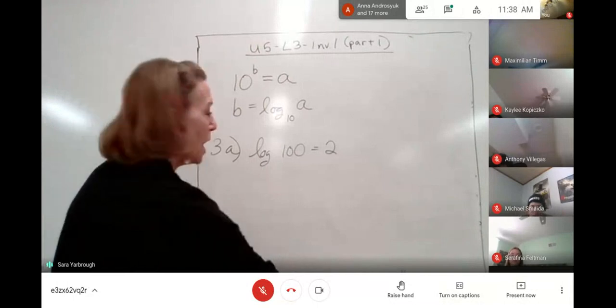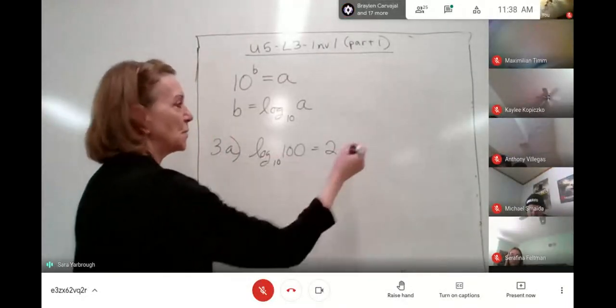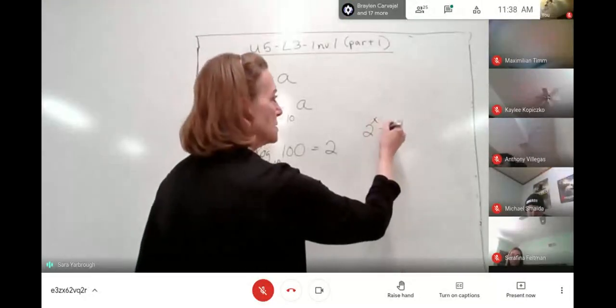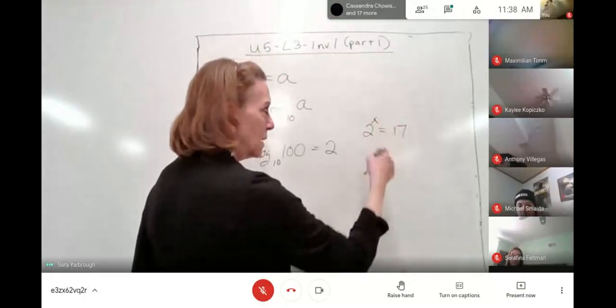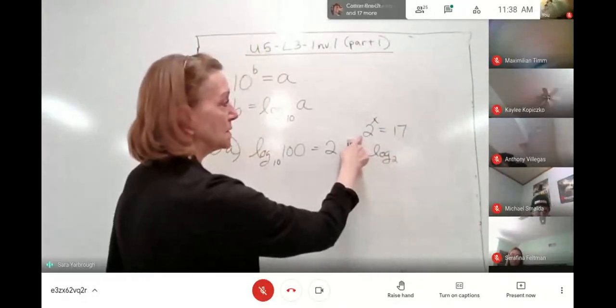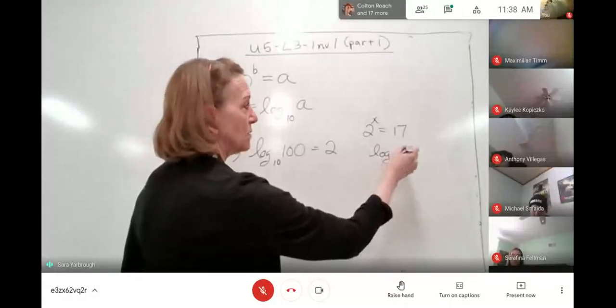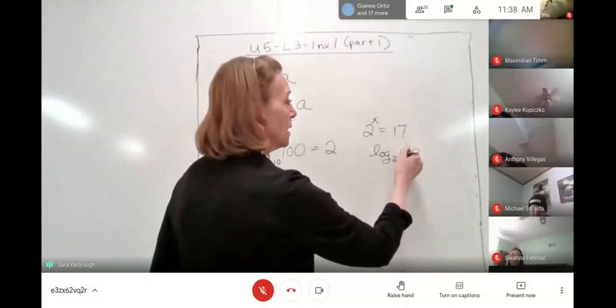You do not have to write the 10 in there. Now, if I had an expression like 2 to the x equals 17, then my log would be base 2, because the base on the exponent is the base on the log.